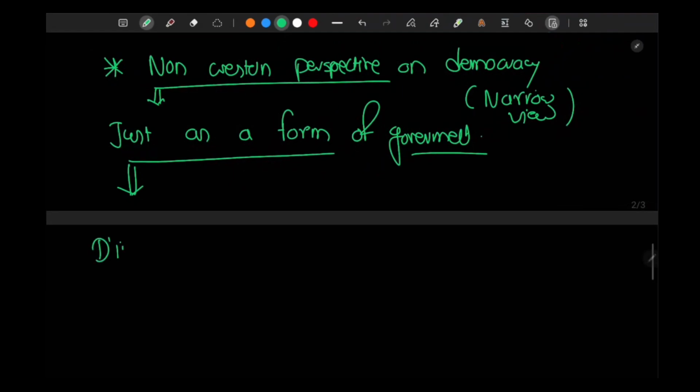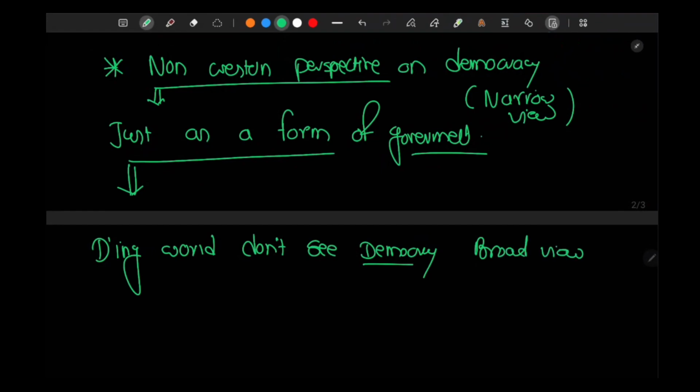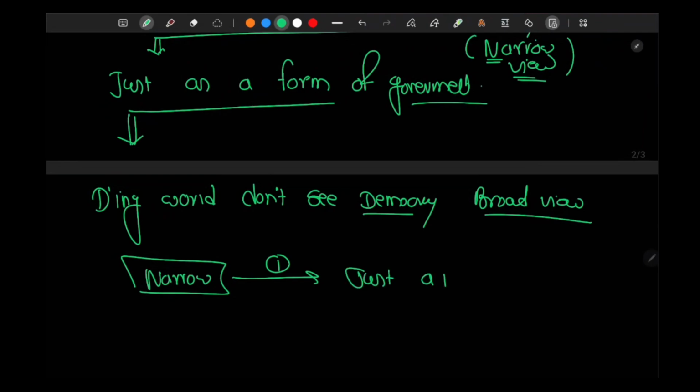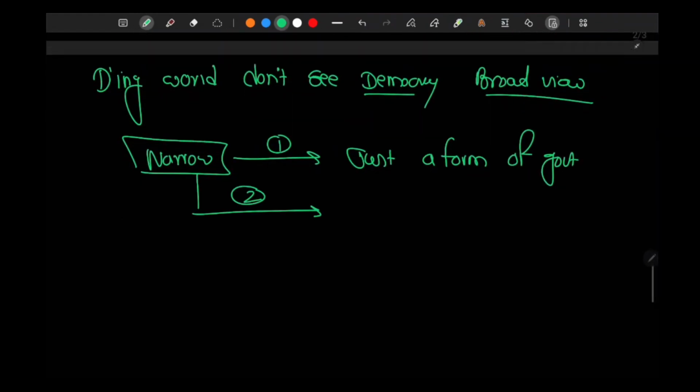So the developing world does not see democracy in a broad view. It sees democracy in a very narrow view. What is the narrow view? That democracy is just a form of government, just for elections.